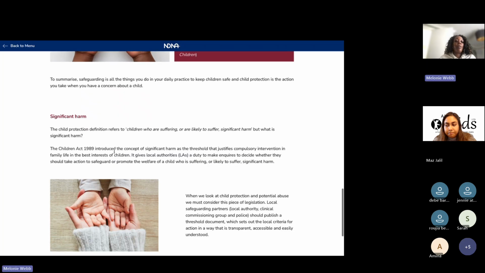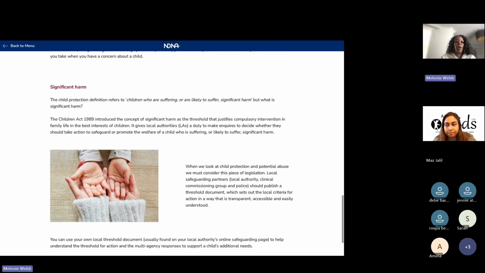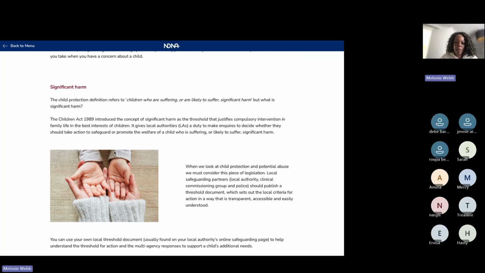So significant harm is defined as children who are suffering or likely to suffer significant harm. But what do we think significant harm might mean? I'm going to ask Deborah. If they're, I don't know, like if their family is, or if they're, how can I put it?